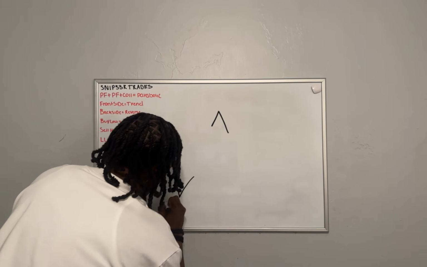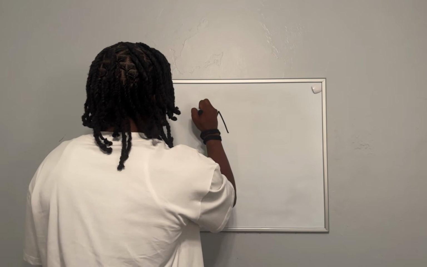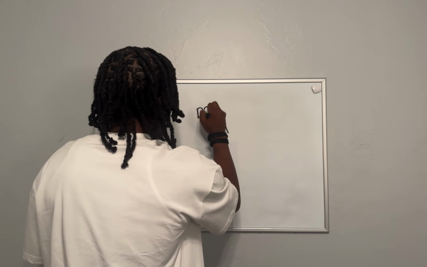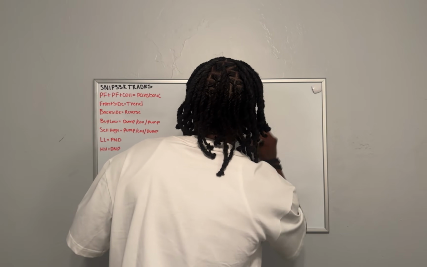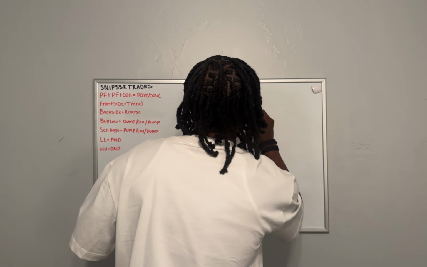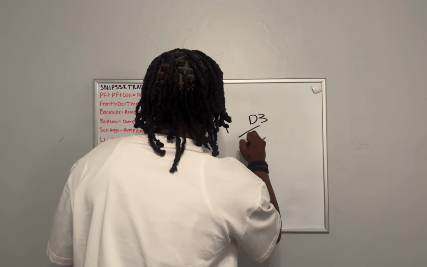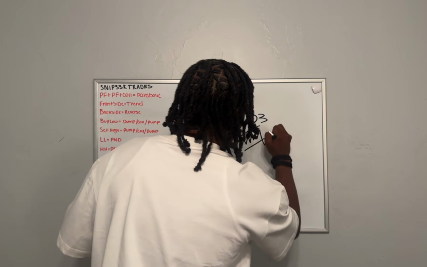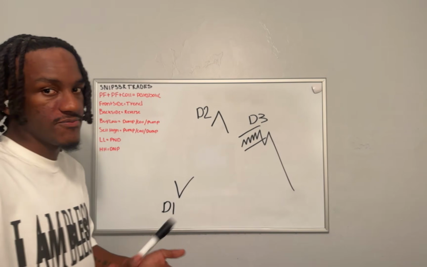Day one, day two. And on day three, they give us a consolidation for our parabolic short trade. Once again, similar pattern.